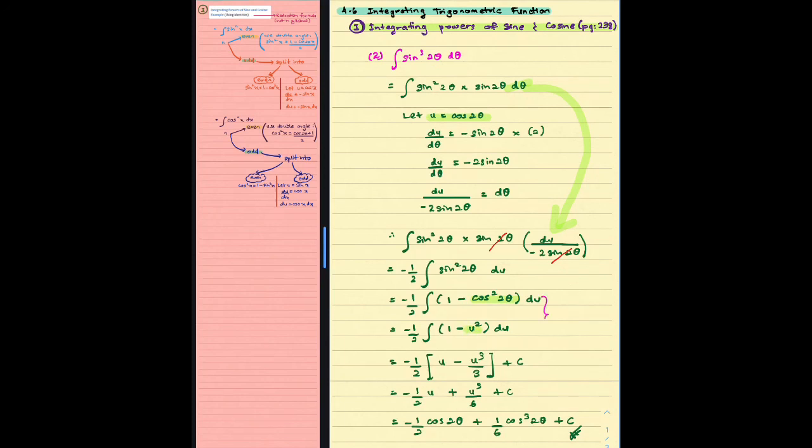Make sure that everything is in terms of u. Integrate 1 minus u squared du. So we get this. Don't forget to add plus c because this is an indefinite integral. Next, back substitute u, where u is cos 2 theta. So this is the final answer.